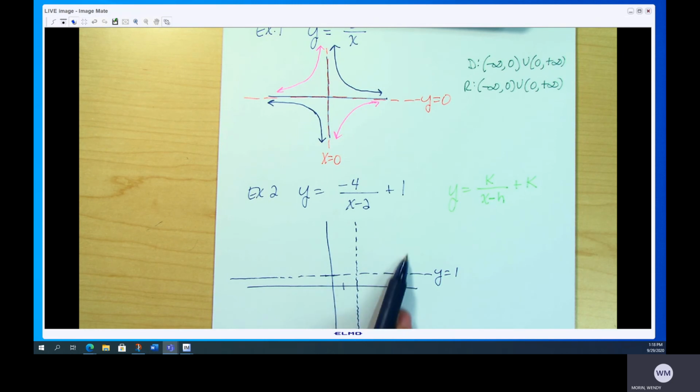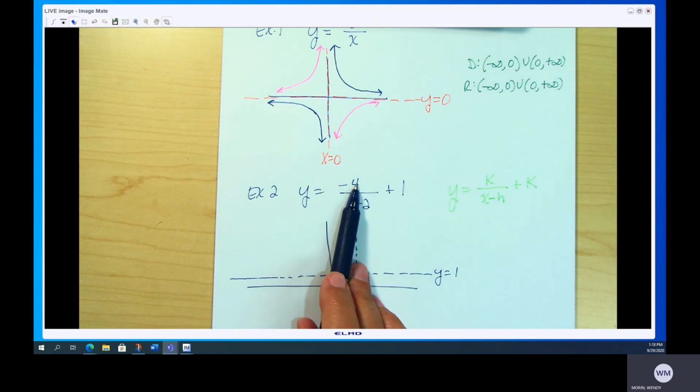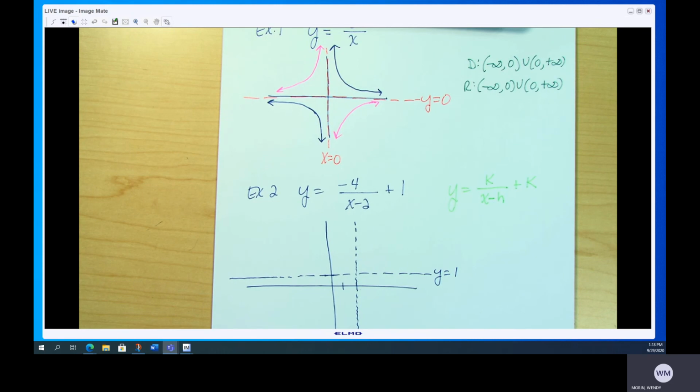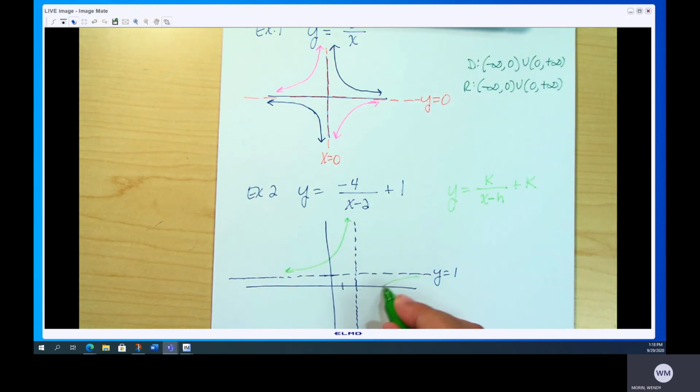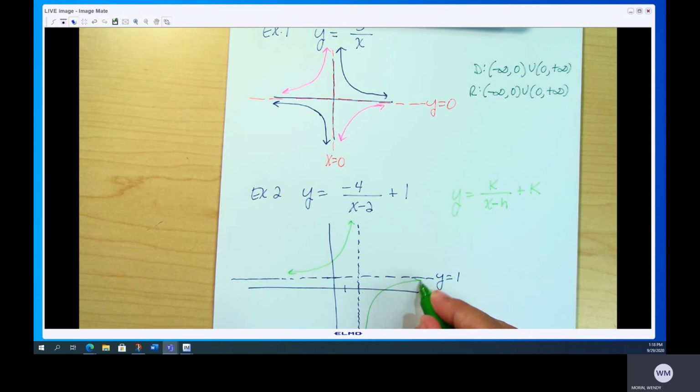You've got quadrant 1, 2, 3, and 4. Negative k value. Where do you think, sketch where you think the branches would go? Well, in this case, the branches are going to go over here and over here. That's a sketch.